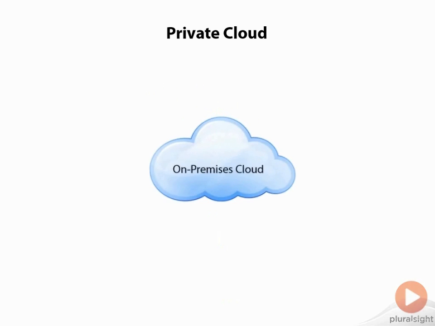In a private cloud environment, we have the same cloud concepts, except this is going to be an entirely on-premises cloud environment. The abstraction layers are still there. The difference is that the hardware is on the other side of the firewall. The consumer is now inside on the same network, or at least in the same general region as the on-premises cloud.